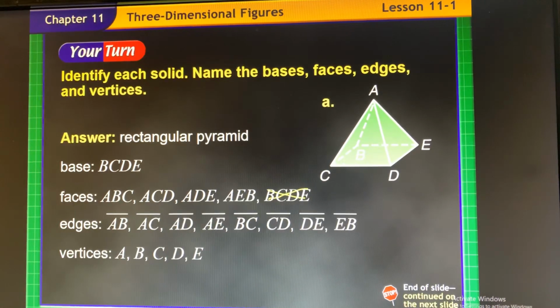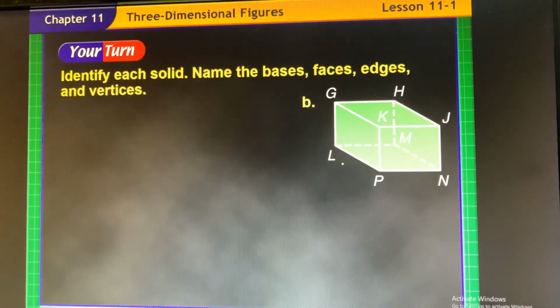If this was a prism, it would be 4 times 3 because there's 3 parts. There's a base, a body, and a base. So right here, there's a base, a body, and a base. So a bottom, a body, and a top.